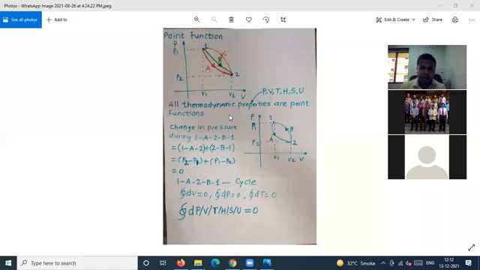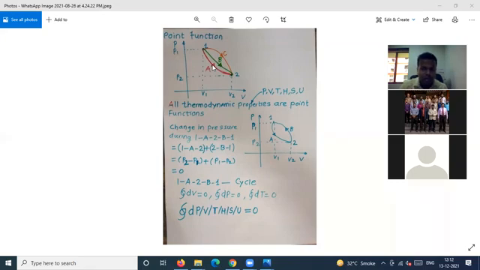I'm specifically calling it work done because when you see the direction of this arrow, it is going downward. When the arrow is going downward, it is understood to be an expansion, and whenever there is expansion, work gets produced. That's why I'm calling it work done, not work consumed.